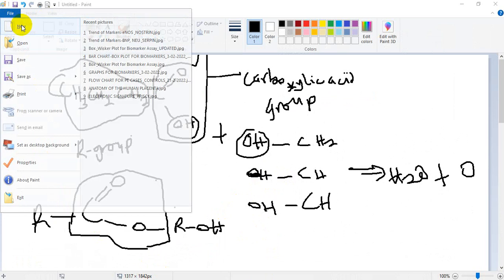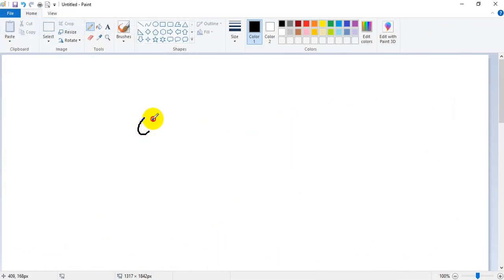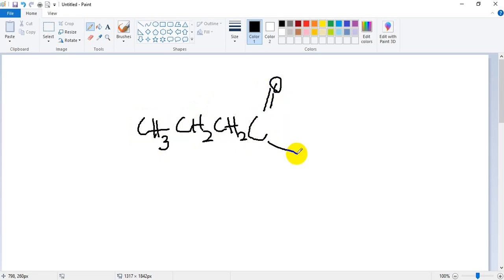If you have a fatty acid like this, with Na plus, this is a salt because the H has left.